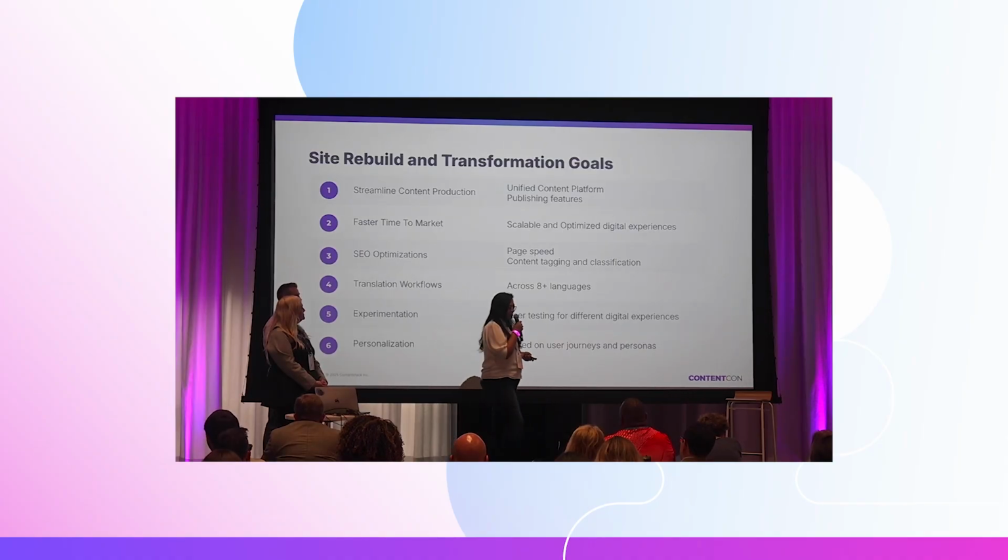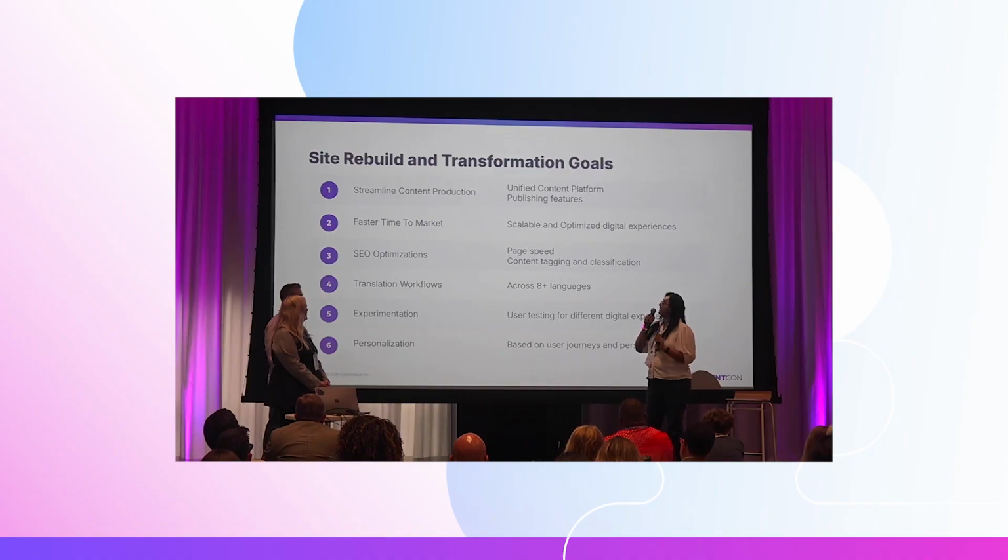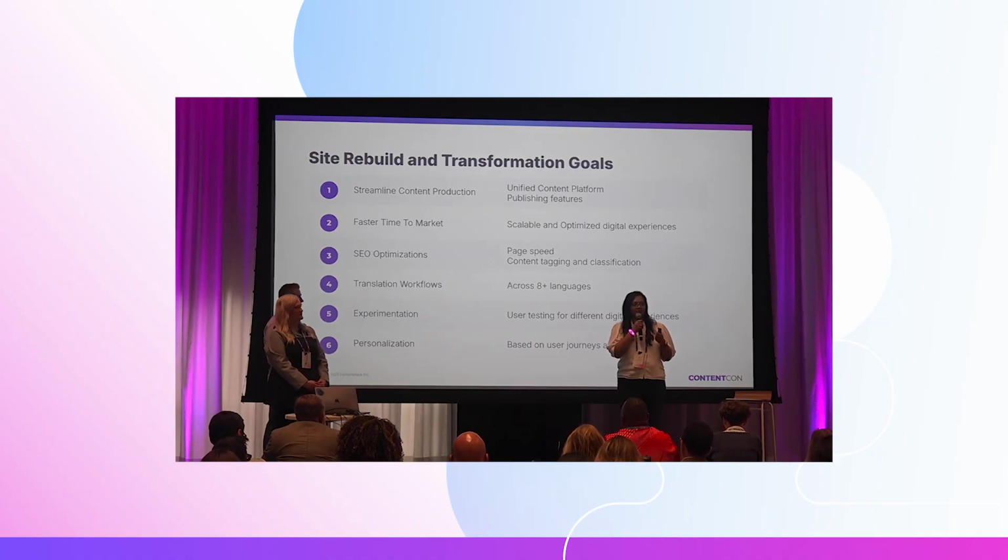And our key goals with the transformation were streamlining the content production. So we had multiple CMSs going on. One primary objective was to unify all the CMSs to have enterprise content management features, right? So Contentstack was definitely a great choice there.